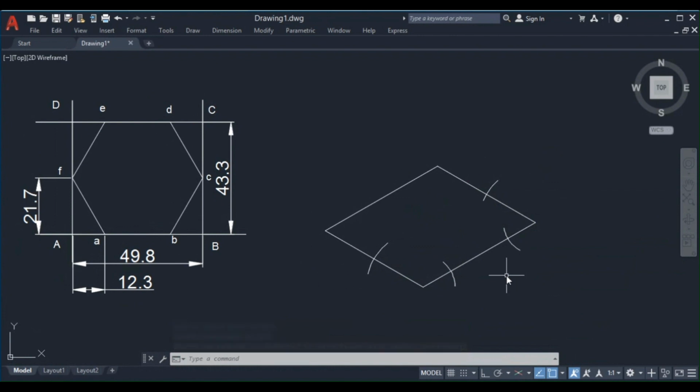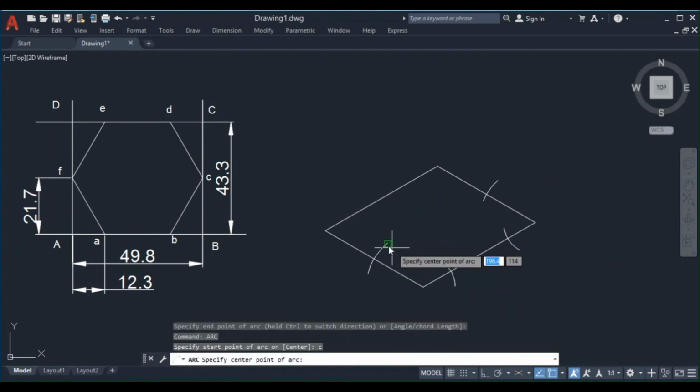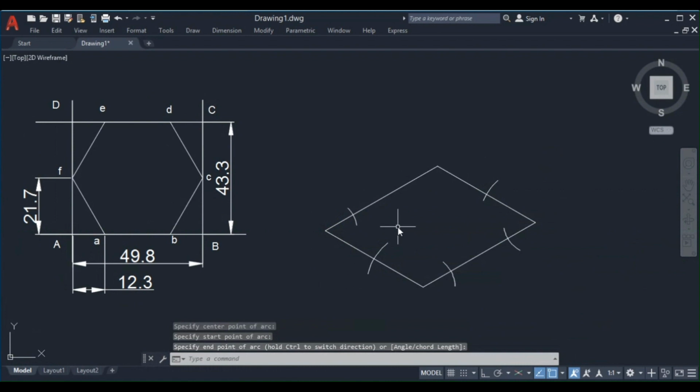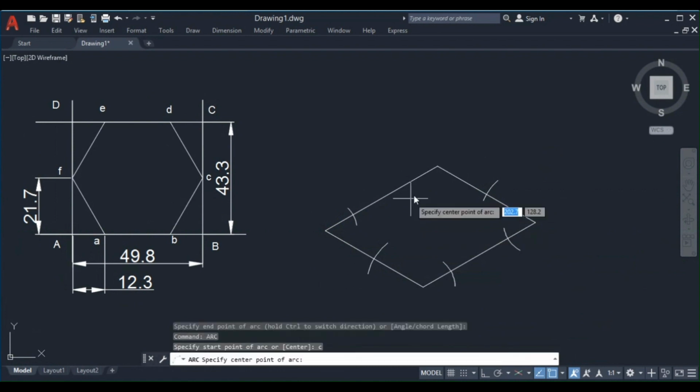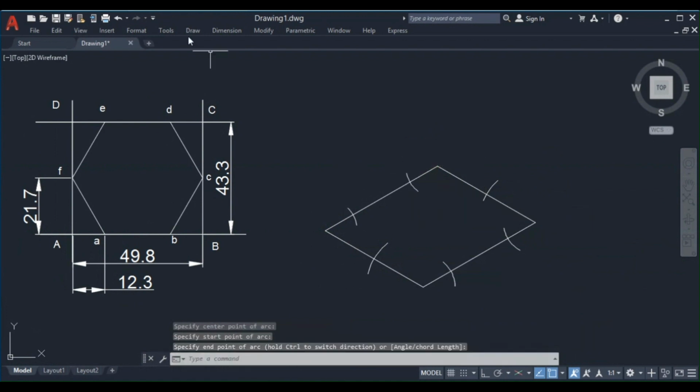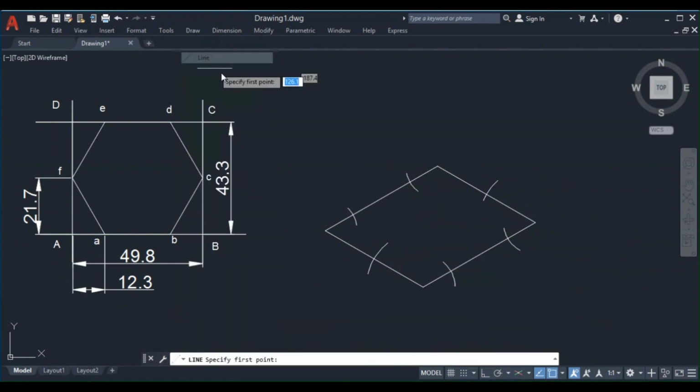And again 12.3, 12.3. Lettering I'm not doing, but kindly do it. Now join the hexagon.